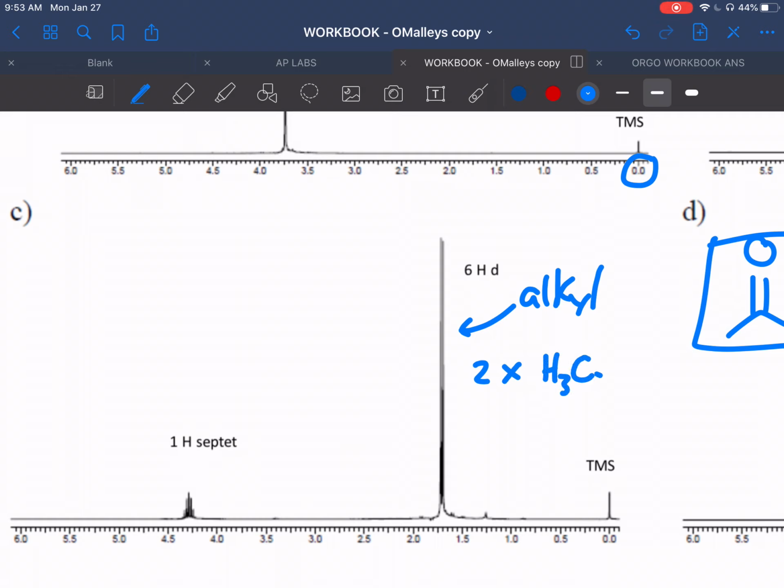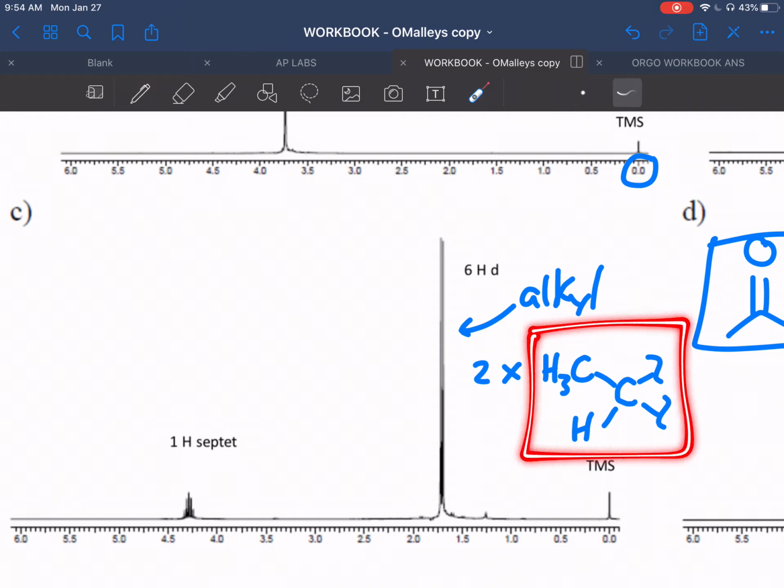Could be 2 methyl groups, 2 CH3s, and because it's a doublet, that means we know that the neighboring carbon, the adjacent carbon, has exactly 1 hydrogen on it. We don't know what else is on that carbon, but this is sort of our little building block that would give rise to this signal, both in terms of the integration and the splitting pattern.